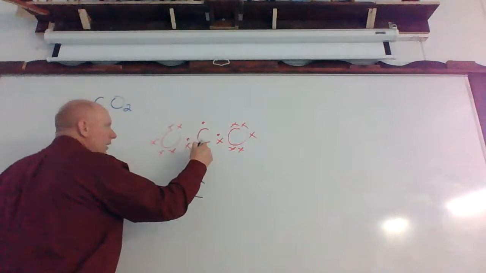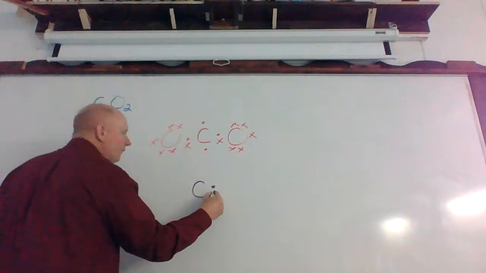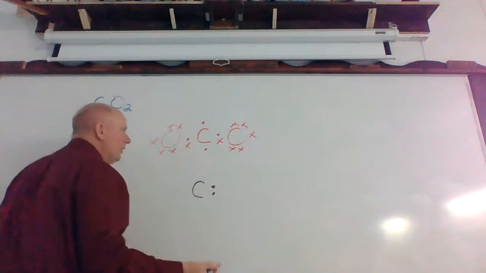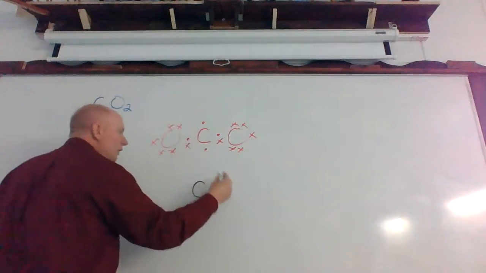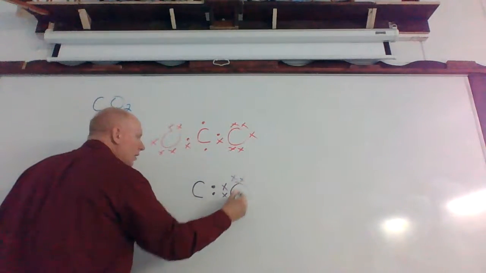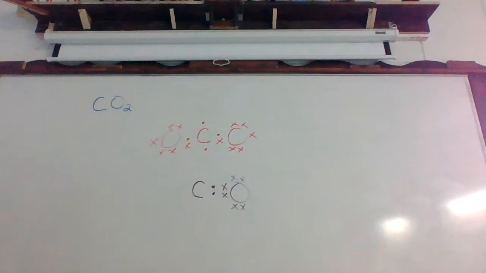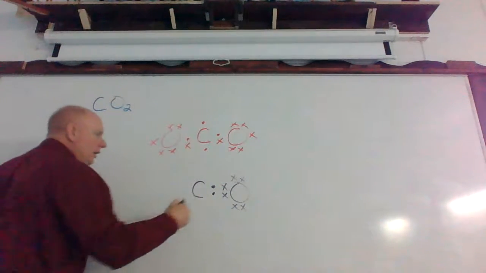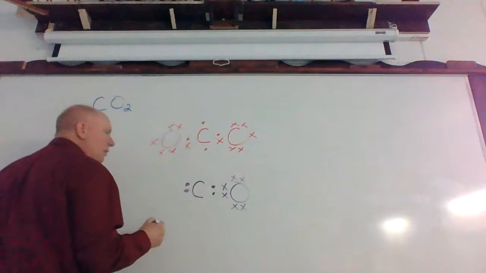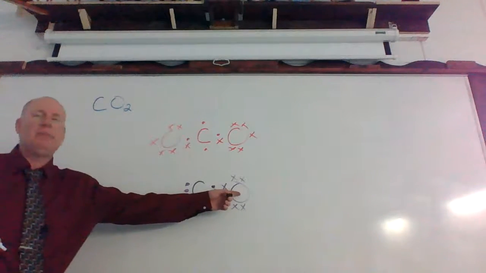So if we take these 2 dots for electrons for carbon, and then match it up with that single electron there, and then this one, now, does that oxygen have 8? Yes, it does. So then when we look at this carbon, it still has 2 dots left. So what do you suppose you're going to do with this oxygen then? Yeah, double bond it. You're going to do the same thing.